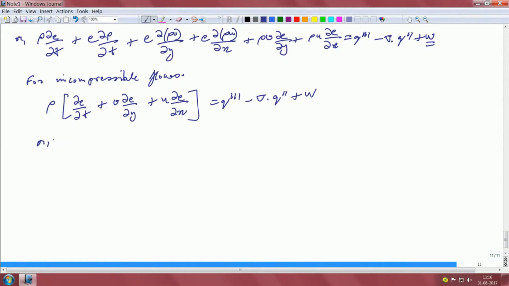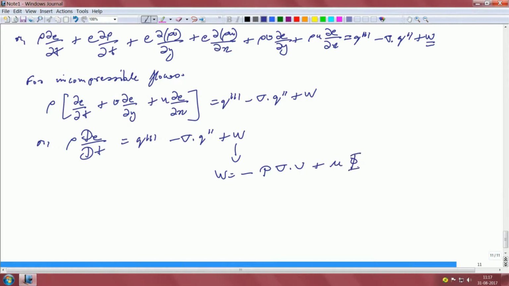Or if you can write it in a more compact form, plus W, right. So, W is that big expression that we wrote. You can technically show, if you work through the math once again in the previous page, that W is actually written by P into the divergence of V plus a quantity called mu into phi.